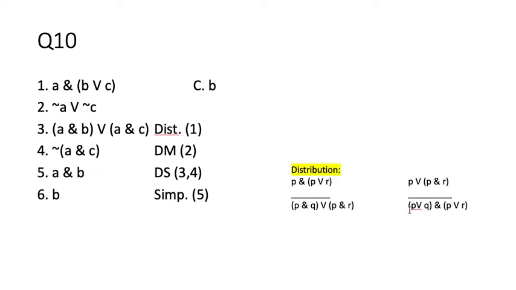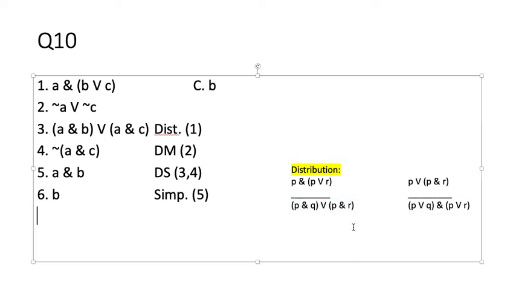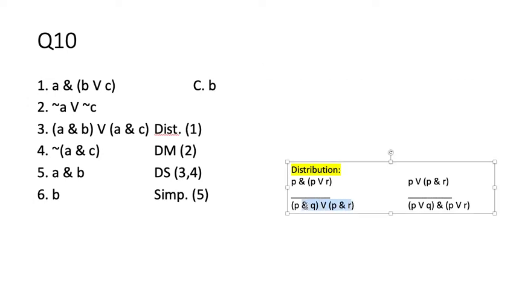Okay, here is just me sketching out to remind everybody what the rule of distribution looks like. There are two versions of it. The version on the left converts a conjunction into a disjunction like this, and a disjunction like this into a conjunction like this. Because again, rules of replacement go both ways, bottom to top, top to bottom.